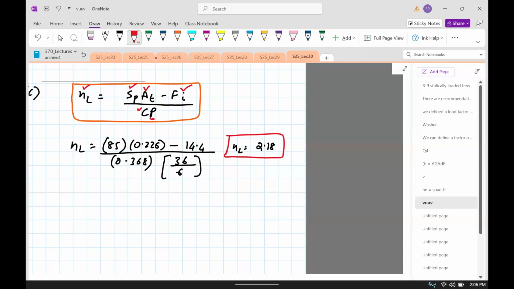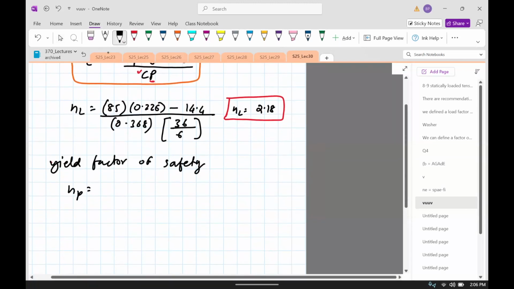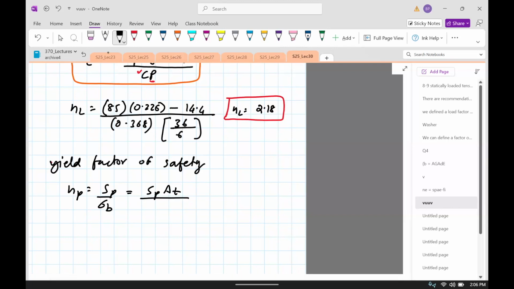Okay, the next question is yield factor of safety. So that value NP is SP divided by sigma B, which we wrote down as SP AT divided by CP plus Fi.